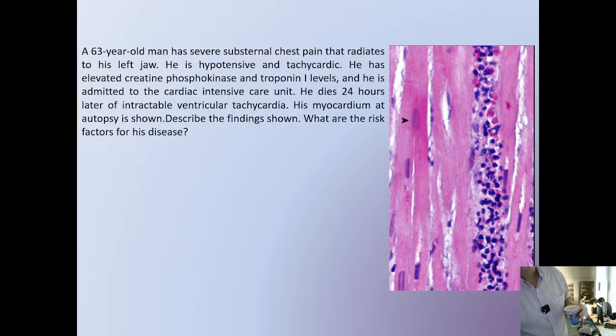You can see that we cannot see the striation of the muscle cells, and we have a cellular infiltrate within the damaged myocardial fibers, and have a look at the nuclei. Identify the majority of these cells. Identify it, please. What cells are they who come there?